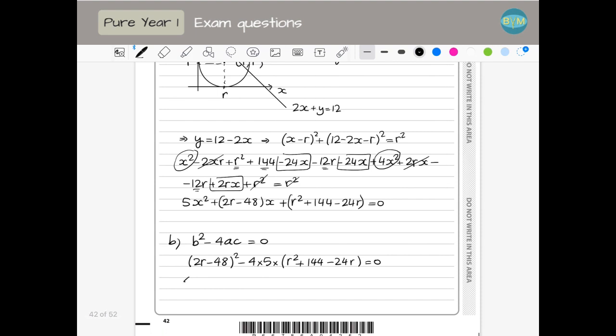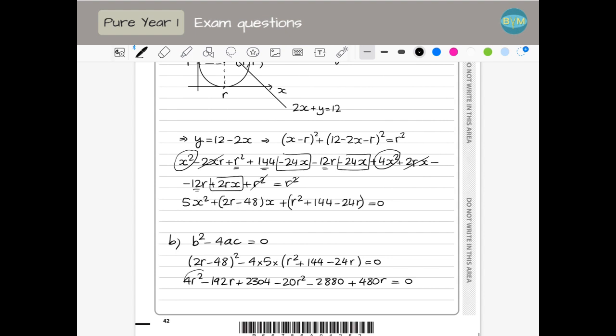Expanding the bracket: 4r squared minus 192r plus 48 squared, which is 2,304, minus 20r squared, minus 20 times 144, which is 2,880, and then minus 20 times minus 24r, which is plus 480r. This is equal to 0.